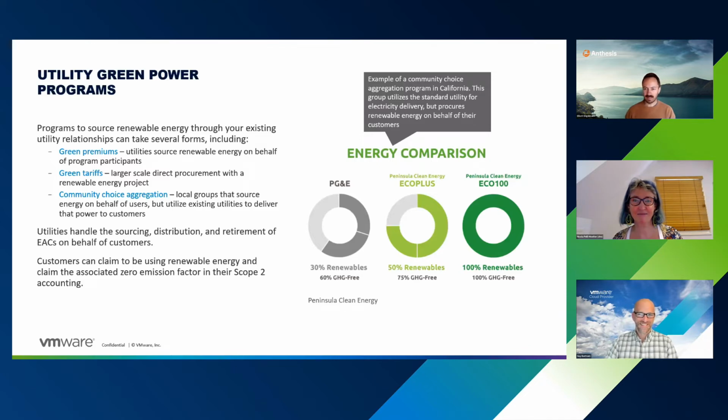And then the last method I want to talk about are called community choice aggregation programs. These are local groups or local nonprofits that take care of the energy sourcing on behalf of a smaller region.